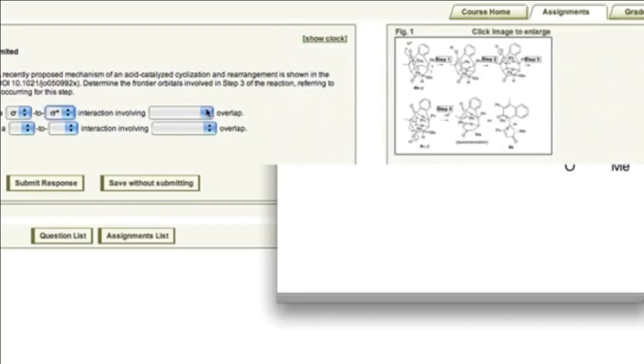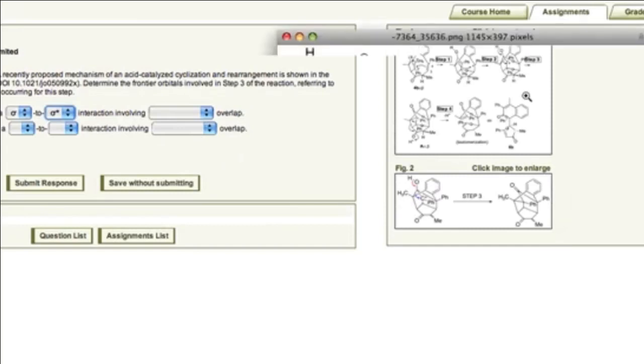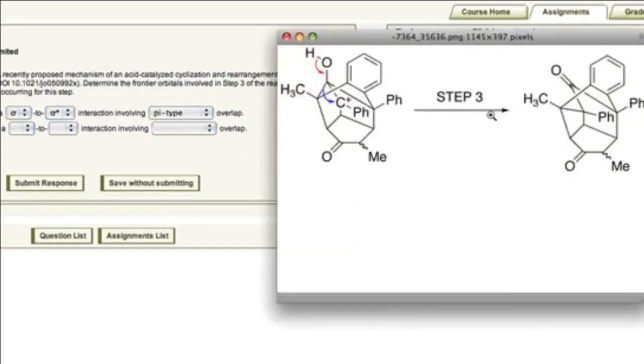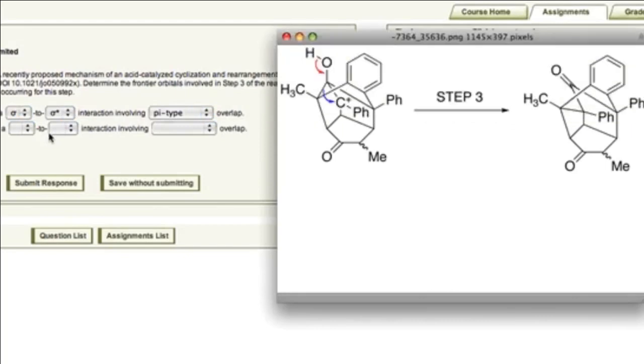As we continue, we can see that the student has selected a sigma star, and that is absolutely correct. Pi type overlap. Oftentimes you're going to see intramolecular interactions occurring in a pi type fashion.